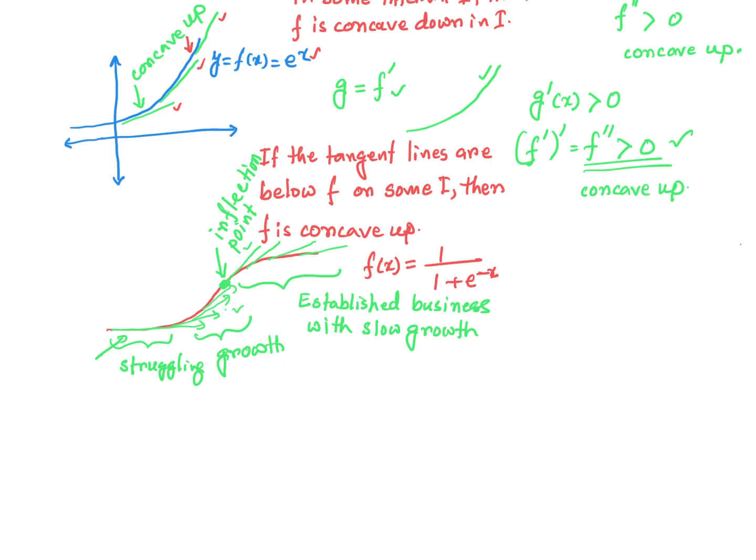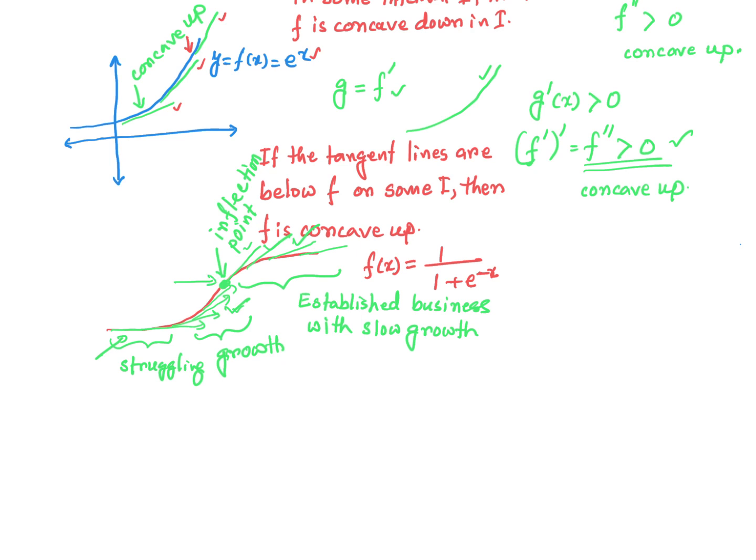So this is concave up in this region. Here in this region, it is concave down. So when concavity changes from positive to negative or negative to positive, the point at which it changes, which is right here, is called the inflection point.